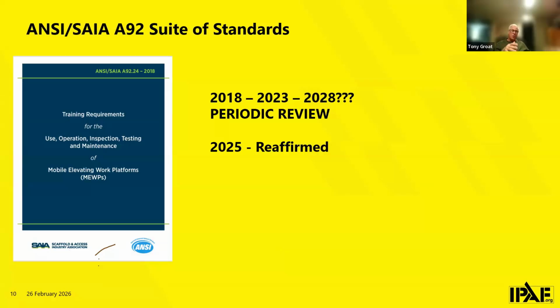So when you're looking at the scope of the standards, currently the one that is most active now that the ISO standards have been republished is the suite of ANSI A92 standards. So again, as I stated, they were first brought forward to be published in 2018. And within that, in 2023, they needed to be republished or reaffirmed. And then from there, 2028. And here we're looking at 2026.